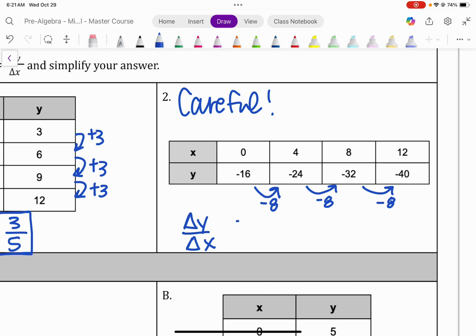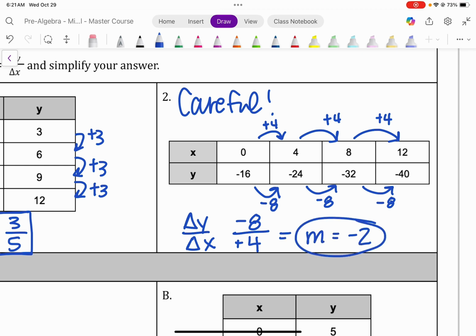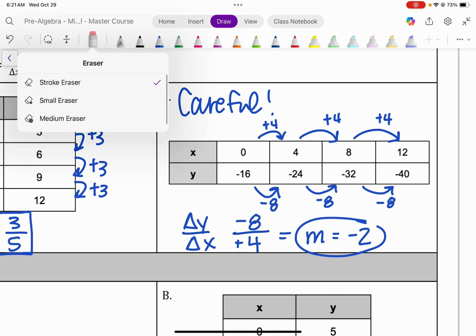So the change in y is negative 8, and the change in x, to go from 0 to 4, we're adding 4. 4 to 8, we're adding 4. 8 to 12, we're adding 4. So negative 8 over positive 4 means my slope is negative 2. Let's box that in. It's going to drive me crazy that it's different than the other one.